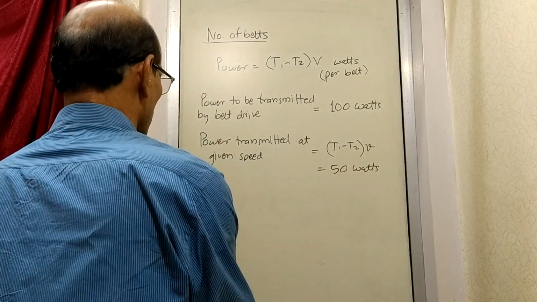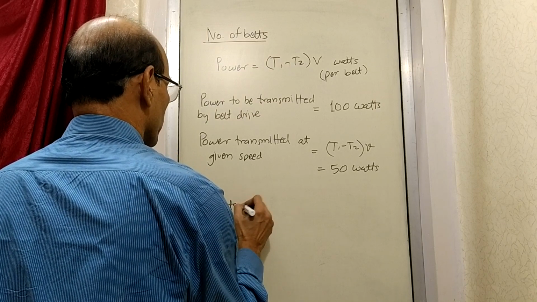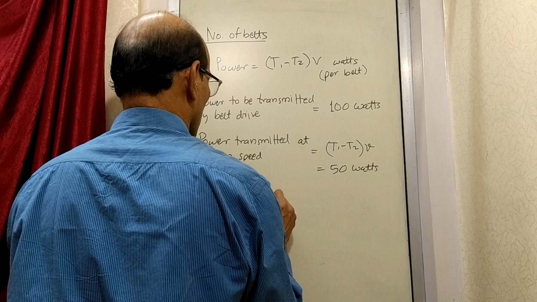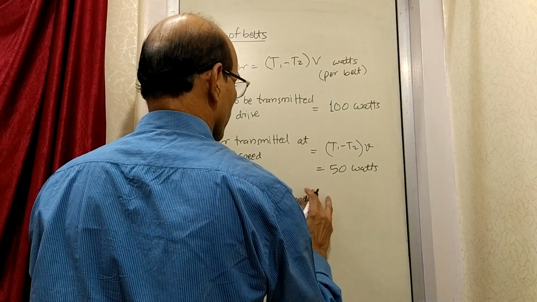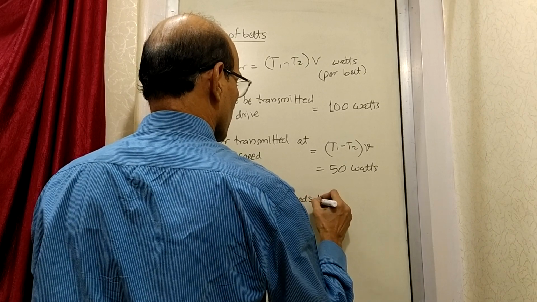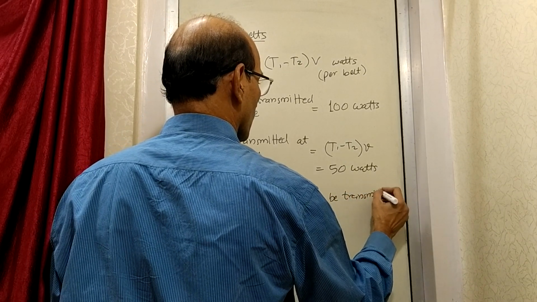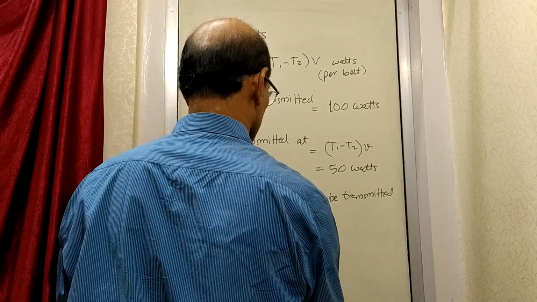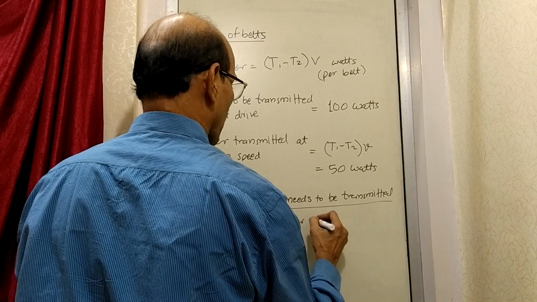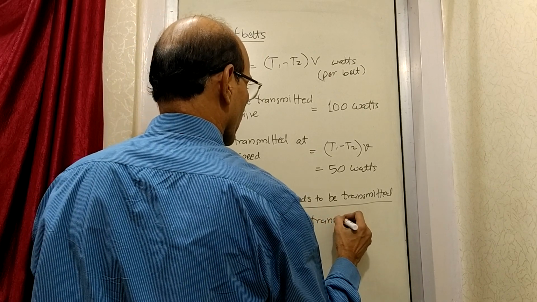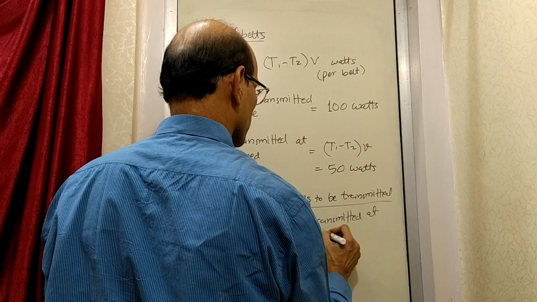So you can say that number of belts is given by power that needs to be transmitted divided by power transmitted at given speed.